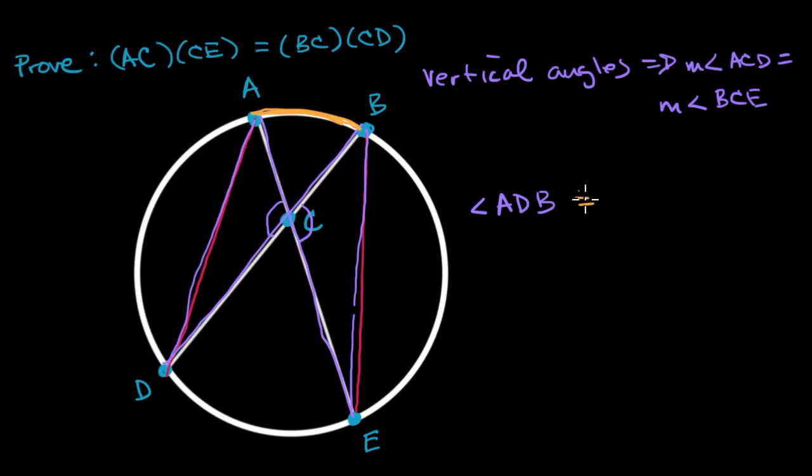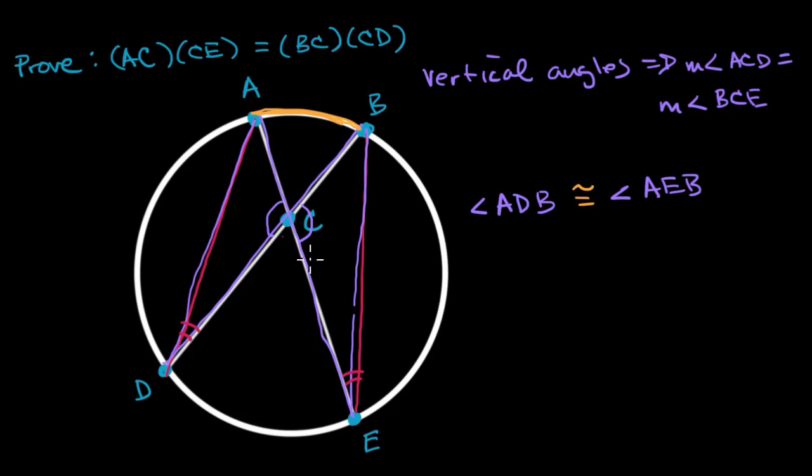So this is going to be congruent to angle AEB. Or I could have said that their measures are the same. And I could mark that here. Maybe I'll do that in another color. I will put some double arcs here. And so now we have two triangles that have two sets of corresponding angles that are congruent, that have the same measure.